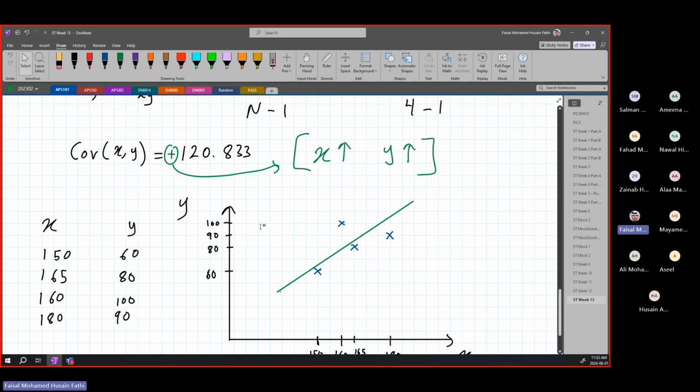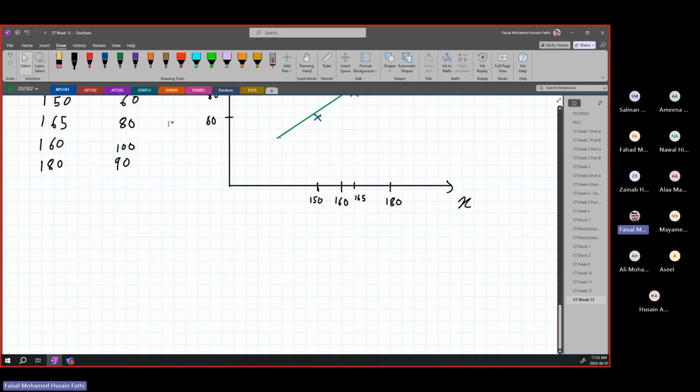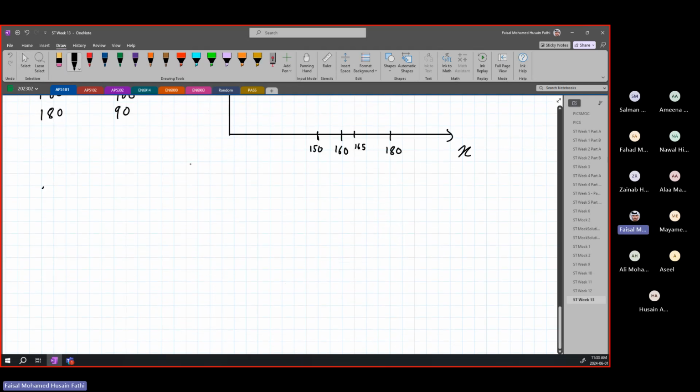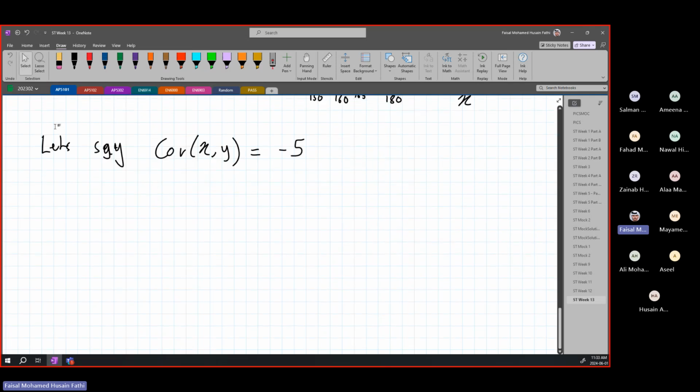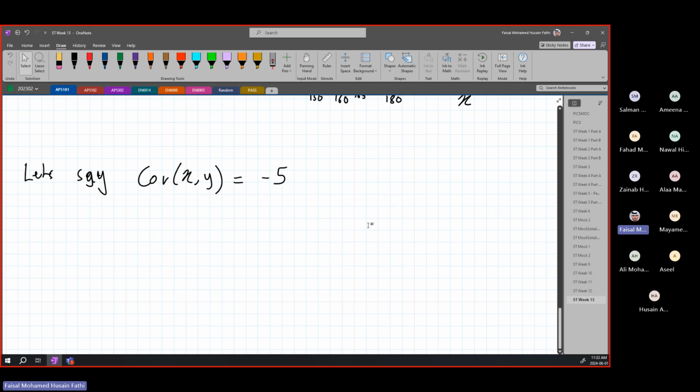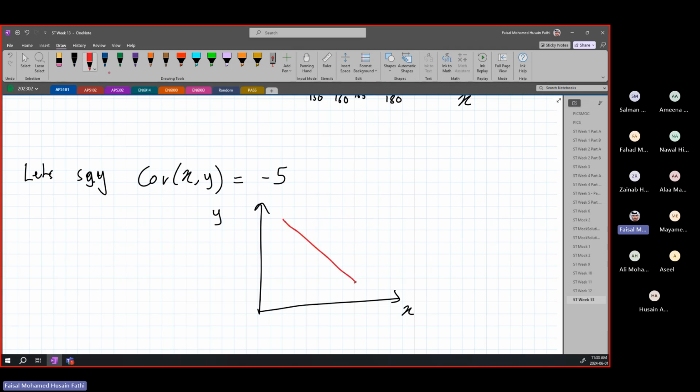If we got covariance as negative, let's say covariance of xy is equal to -5, for example, for a different data set. If we draw the graph xy, I am not sure of where the points are, but I know it is going to be something like this for the slope.